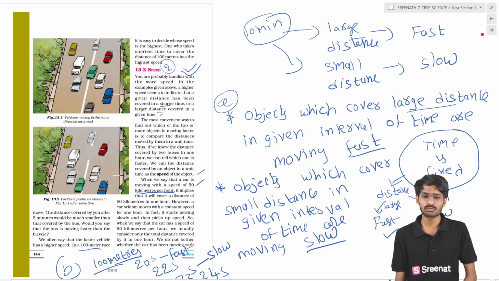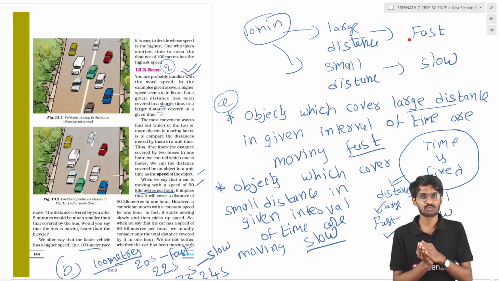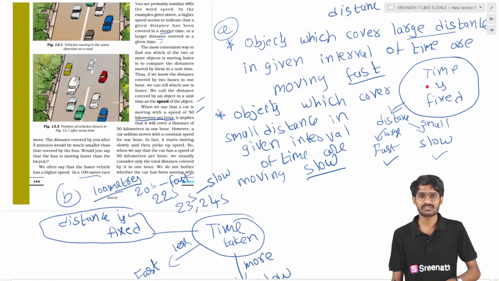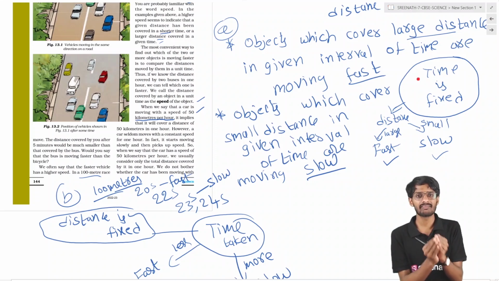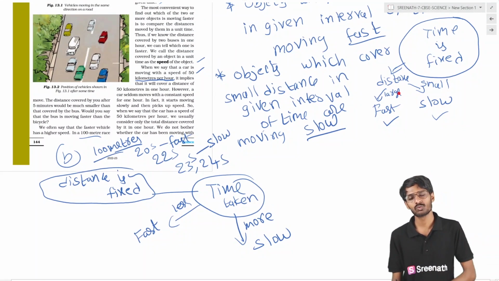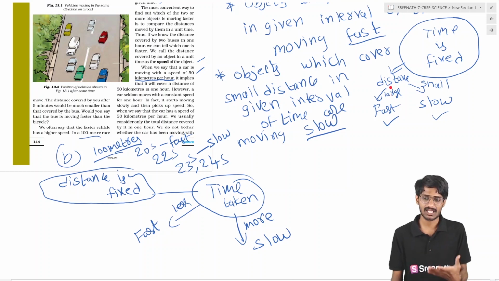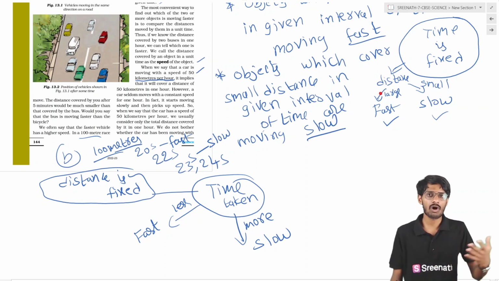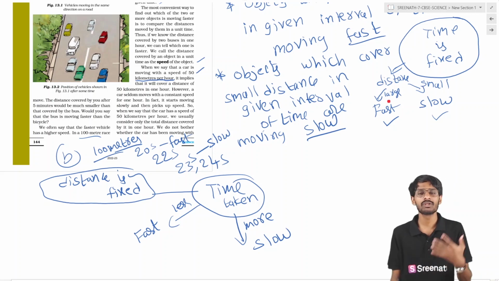How do we decide which vehicle is moving fast or slow? If the time is fixed, in a given interval of time, we can say which is moving faster or slower by considering distance. Objects or vehicles covering larger distances are moving fast, and those covering small distances are moving slow.